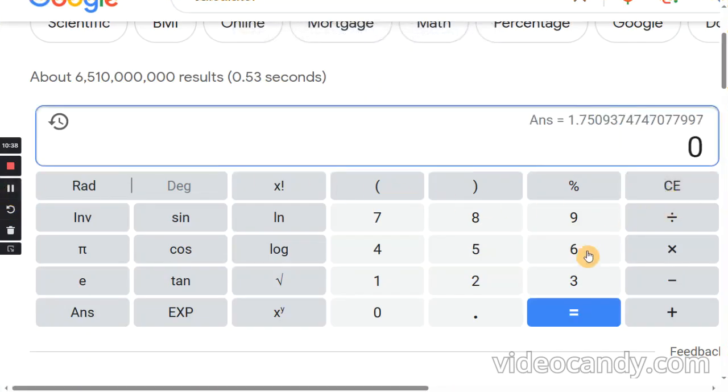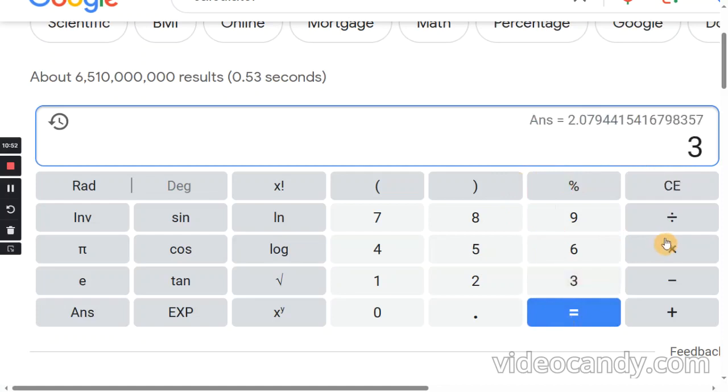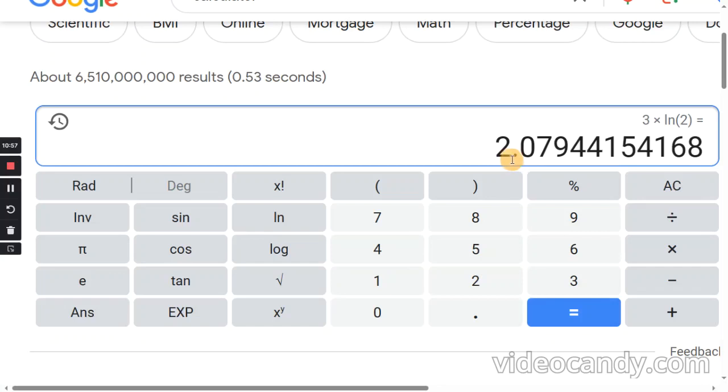All right, hit clear. Let me see if I can just do 3 ln of 2. I want to see if it takes it without the times. Yes, it does. 2.079. 3 times ln of 2. Yeah, same thing. 2.079. There you go.